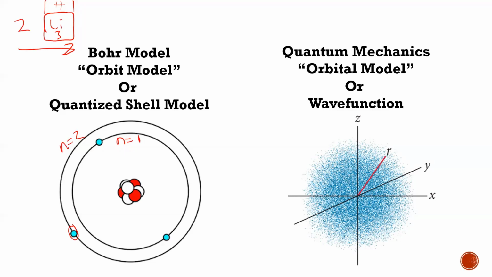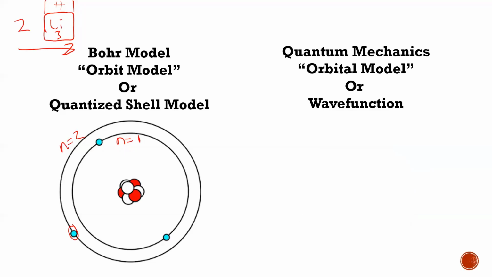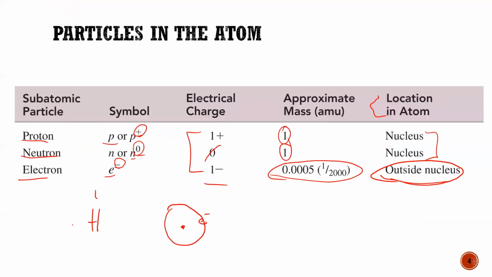For this particular video, all you really need to know is this. There are 3 subatomic particles: protons, neutrons, and electrons. Protons are positively charged, neutrons are neutral, electrons are negative.